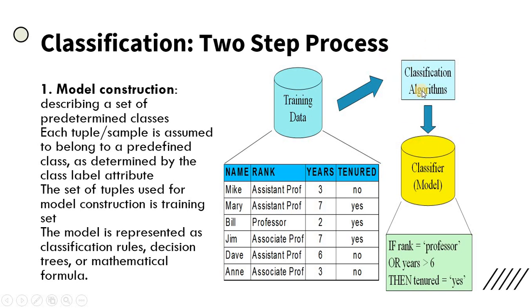Suppose it can be a neural network, a decision tree, a Bayesian classifier, etc. Now after training, the classifier model is ready. So here the model is constructed, and now we are able to use that model to predict the class label.